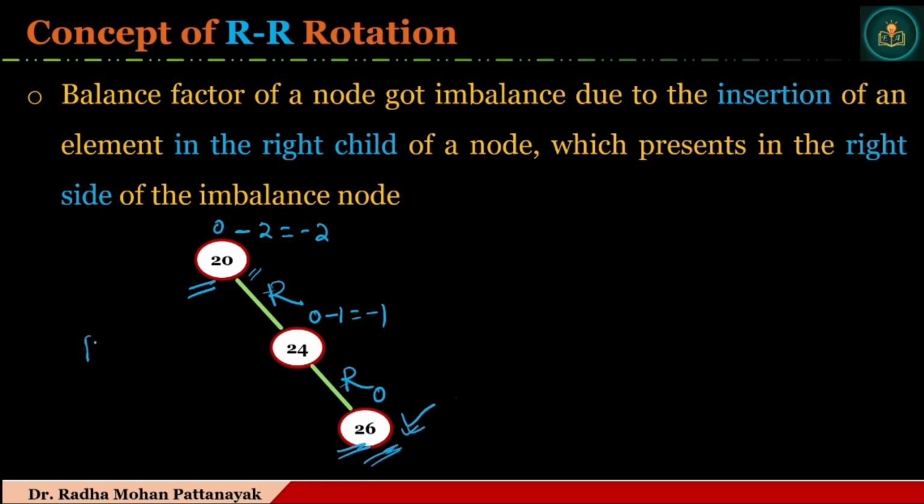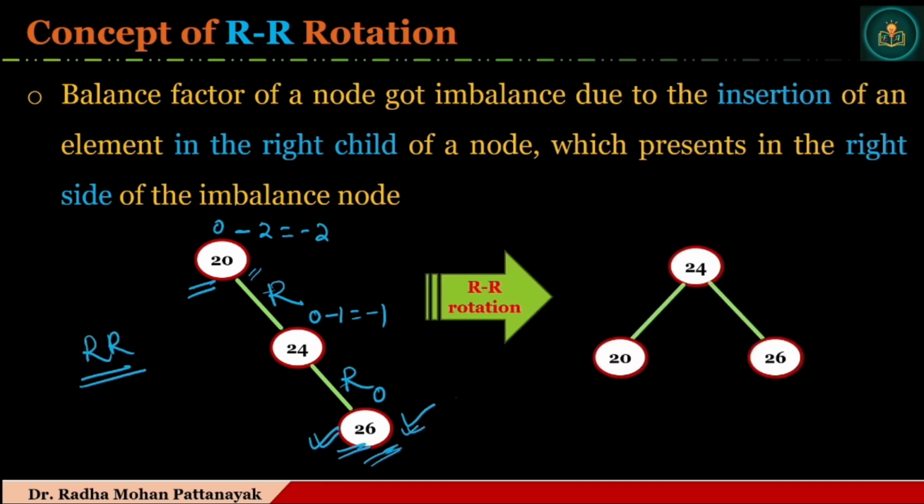Hence the rotation is right to right rotation. In right to right rotation, you make the center node the root node and you turn the affected node to the left side. See here in this figure, 24 becomes the root node and I made 20 the left child of 24, and 26 as it is.